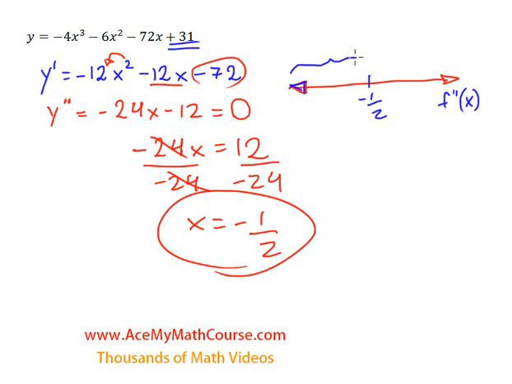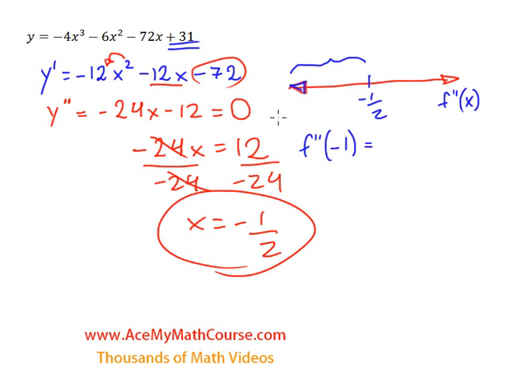So what do we do now? Well, I'm going to plug in a value of x into f double prime of x that is smaller than negative half here, so I'll pick negative 1 perhaps. So I can figure out whether the graph of the function is concave up or concave down at this point.